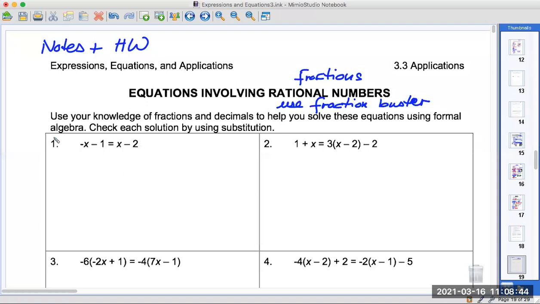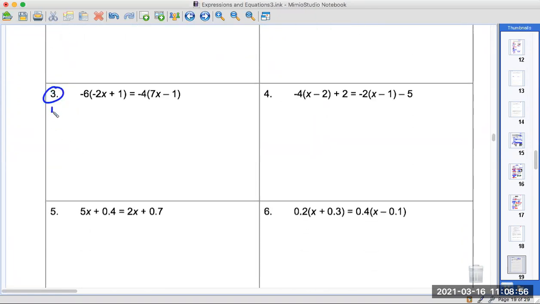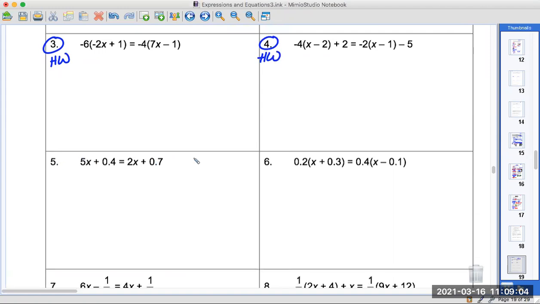So on these, this is homework. These are huge. Homework. I want to show you this one.